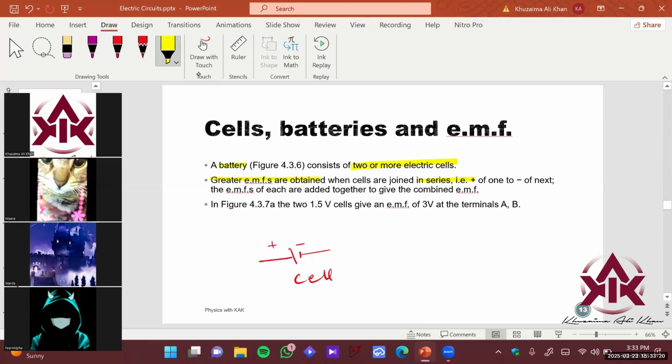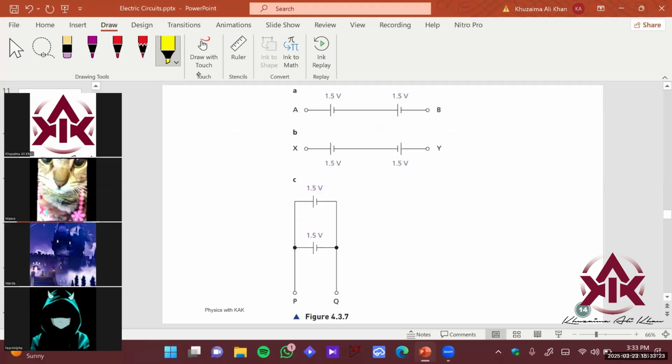Now let's see how we do this. Let's see this diagram here. We have a single cell of 1.5 volts. Let's say I want to make a battery of 3 volts. How would I arrange them?